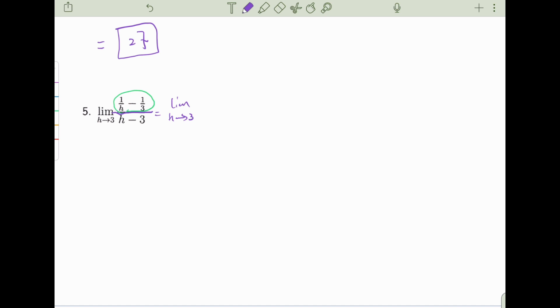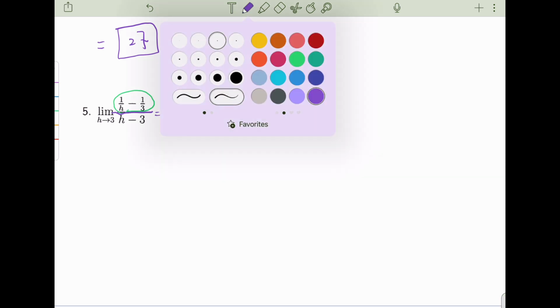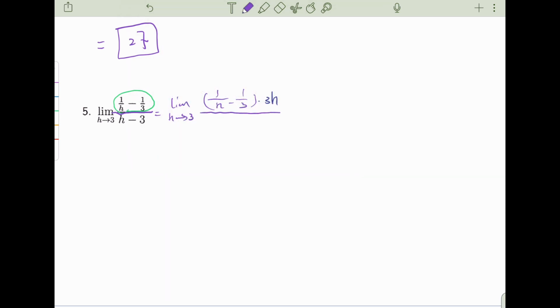So we will need to multiply the top by 3h and also the bottom by 3h to get rid of that 3h on the top. Okay.